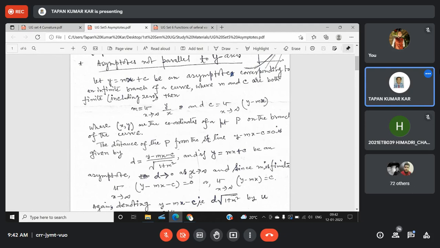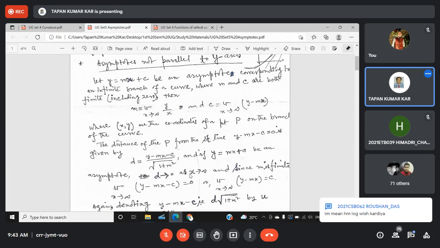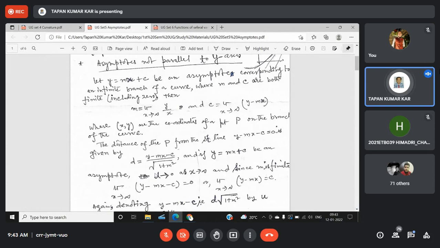That distance between the line and the curve gradually diminishes and ultimately tends to zero. This is the condition. So if y equal to mx plus c is the asymptote, look at this: d equal to y minus mx minus c by root over of 1 plus m square.